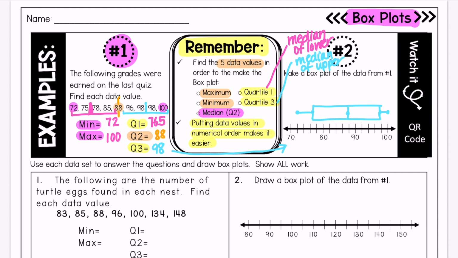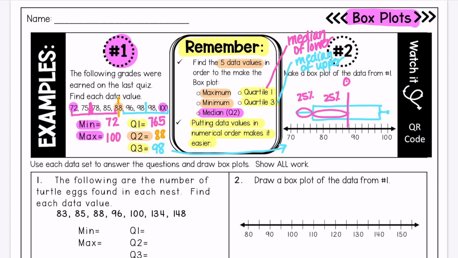And what a box plot does is it's taking all of your data and breaking it up into equal groups. And it's saying that 25% of your data is falling between those 2 numbers. And then another 25% is falling between these 2 numbers, so that 50% of your data is falling below your median.